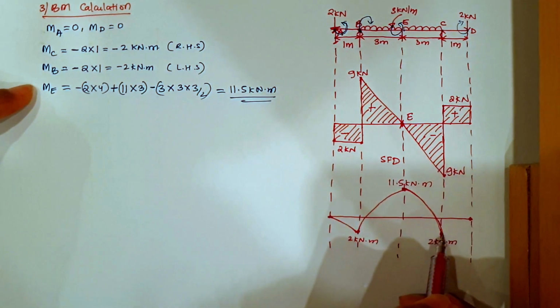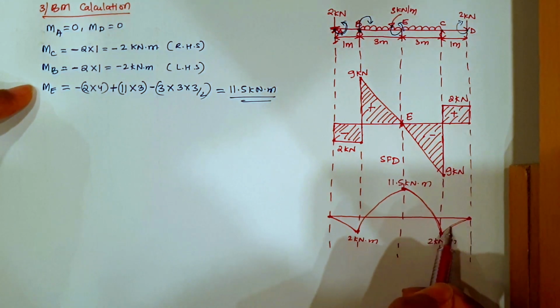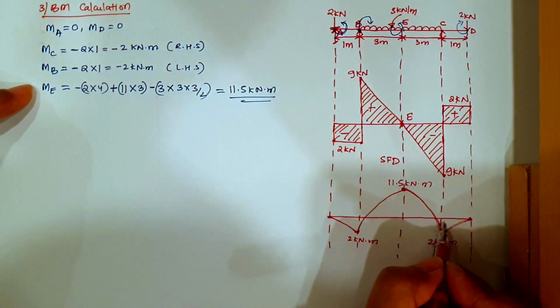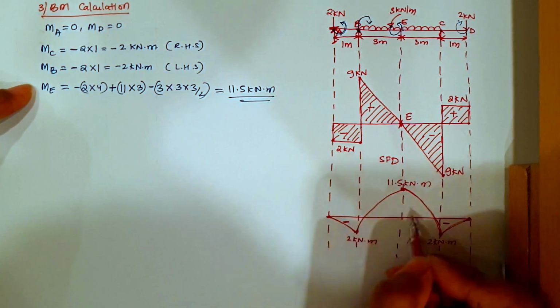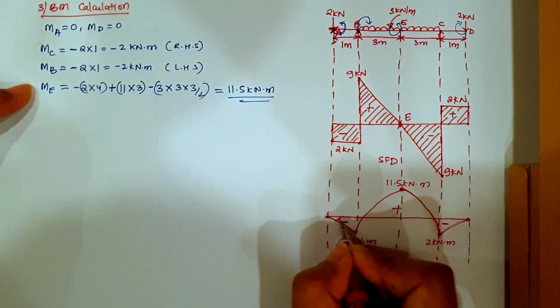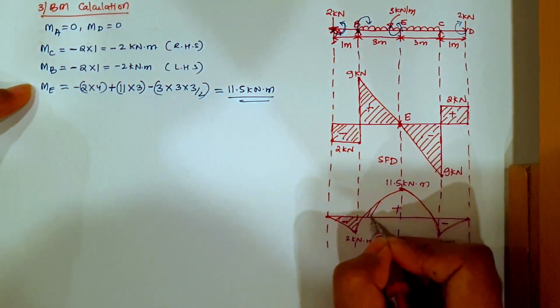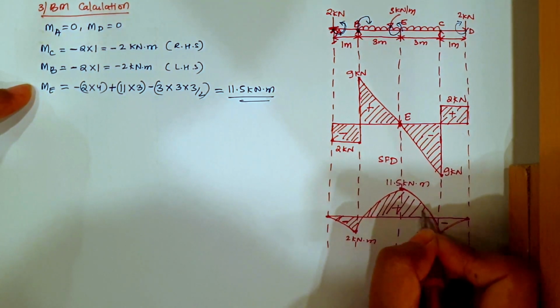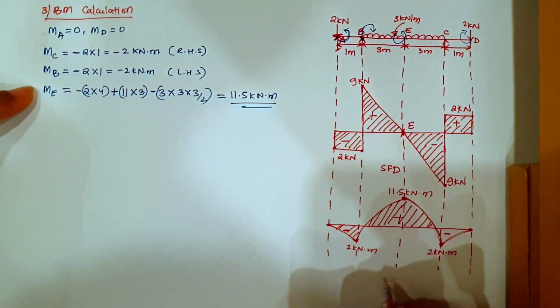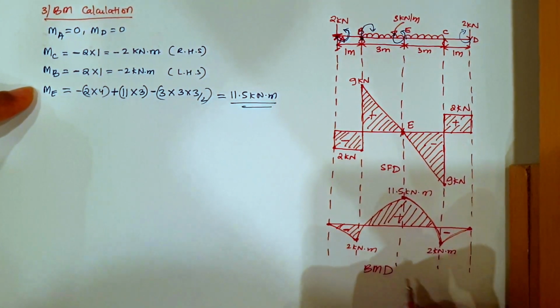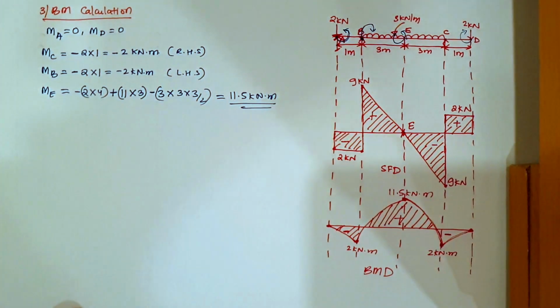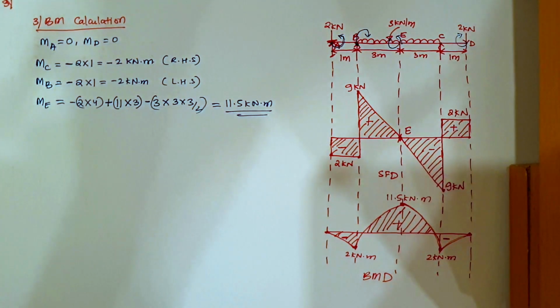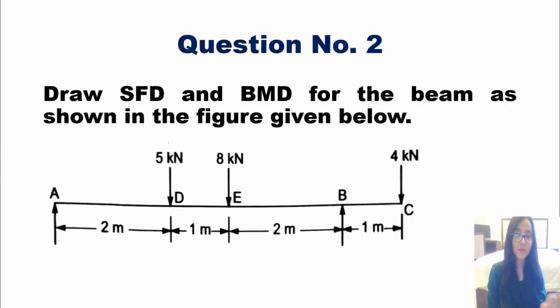And from here we will be going to 0. So this is minus, this is minus, this is plus. So this is your bending moment diagram. I hope this numerical is clear.